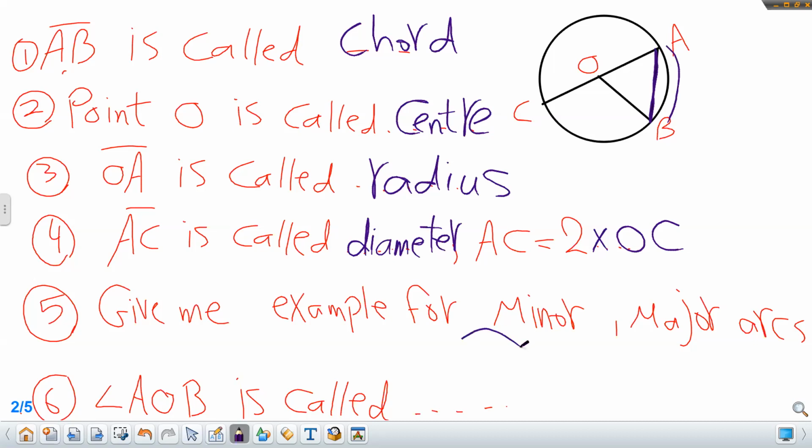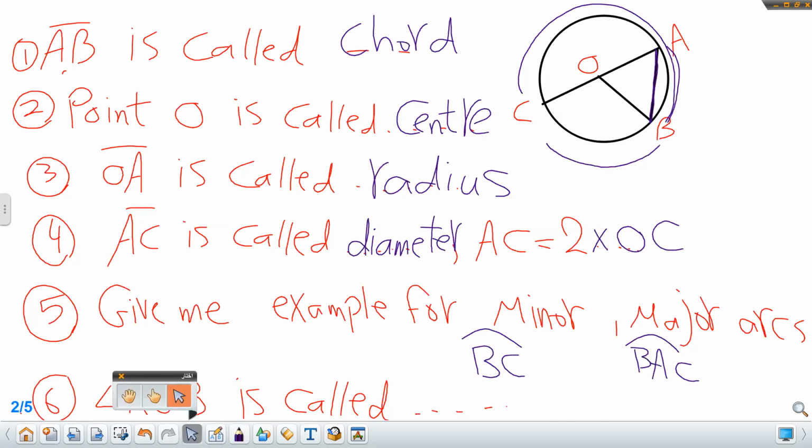And what about major? A major arc is an arc of measure bigger than 180. So, for example, we can say BAC, yes, good, or BCA, and so on.